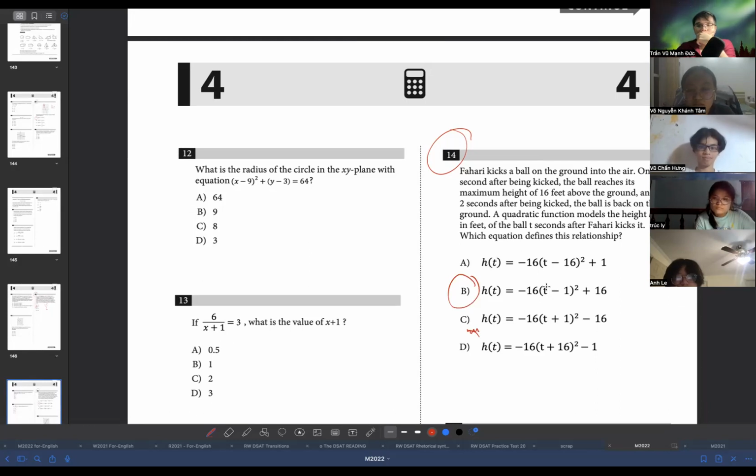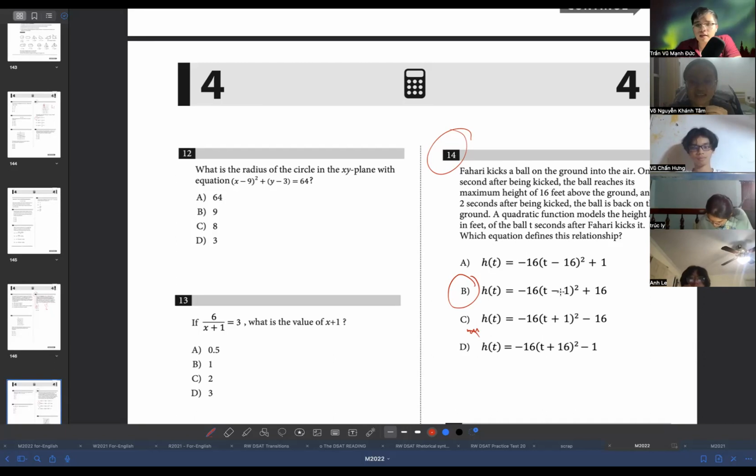I took 2 into the T, and I found that 2 seconds after the ball is kicked, it's turned back to red. Oh, so you plugged the 2 seconds into the equation?